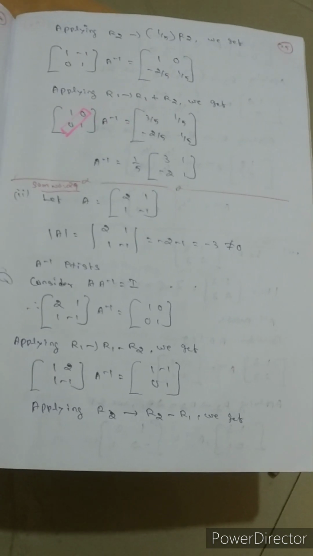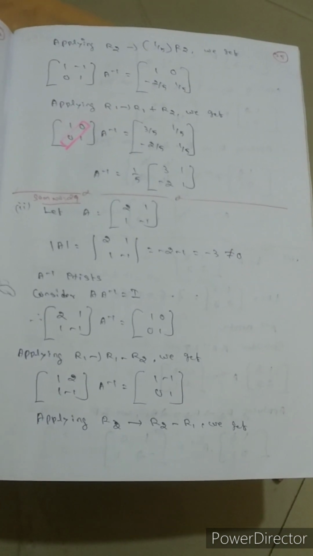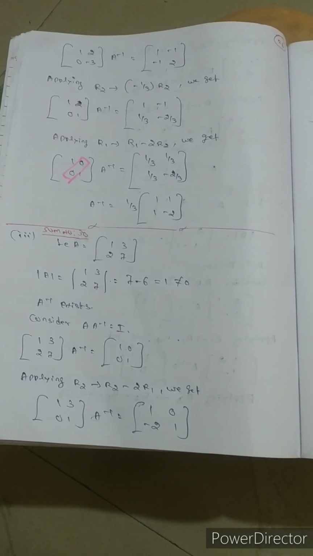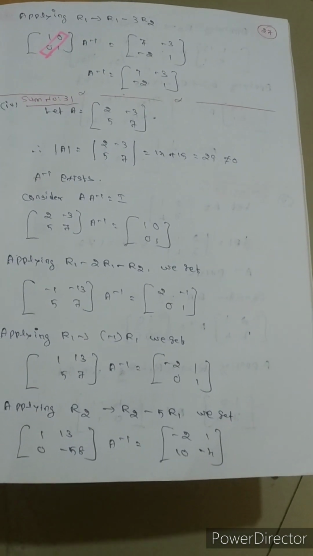Sum number 29. Sum number 30. Sum number 31.